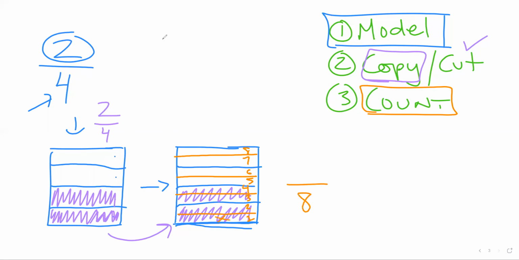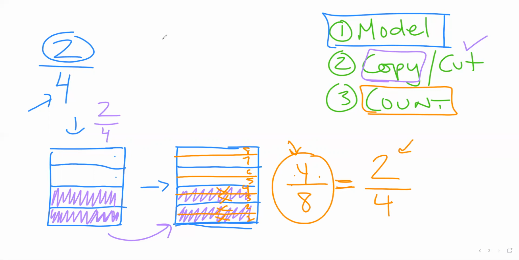And 1, 2, 3, and 4 are shaded. So 4 out of 8, or 4/8, is equivalent to 2 out of 4, or 2/4. They are the same.